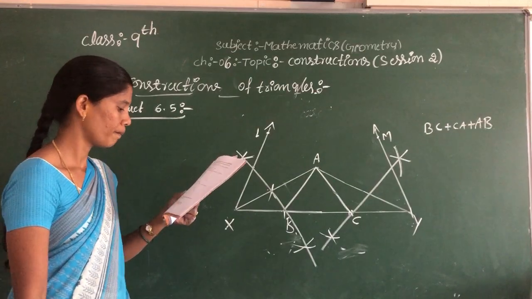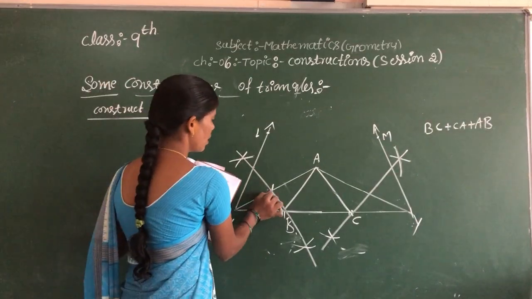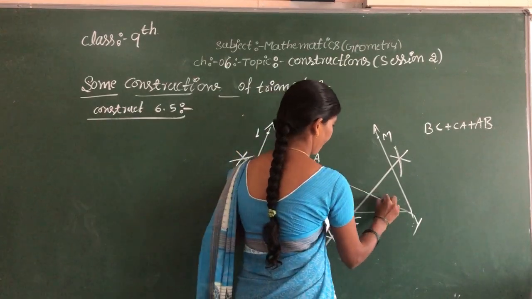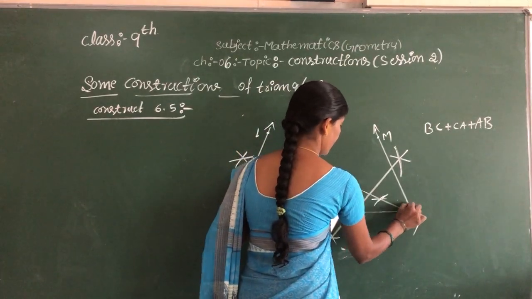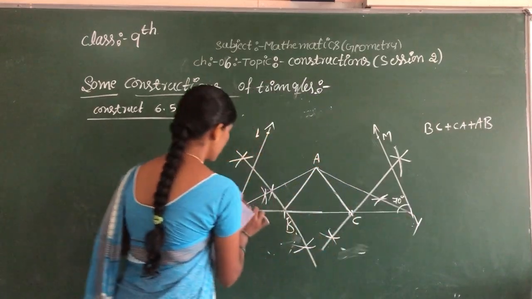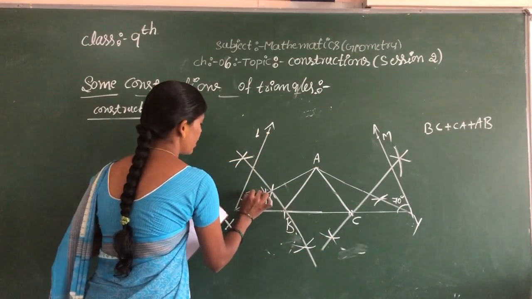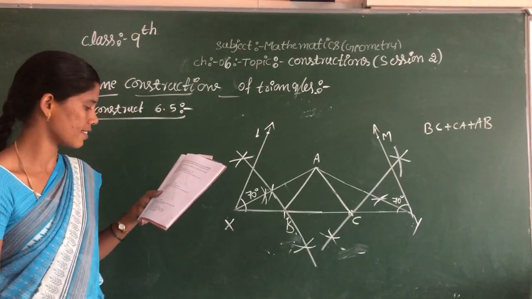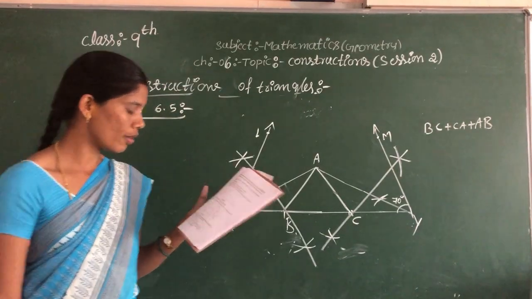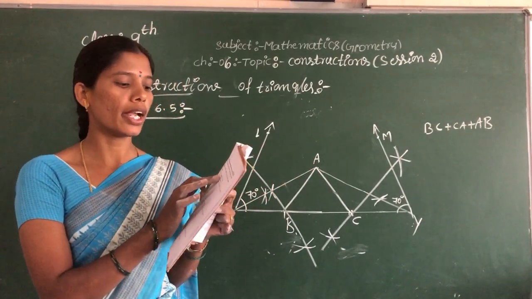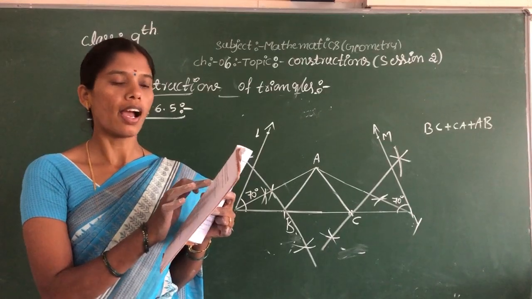Now next, this is angle. I will write that: 70 degree, 70 degree. Okay, children, 70 and 70. BC is there. Draw a line segment XY equal to BC plus CA plus AB.